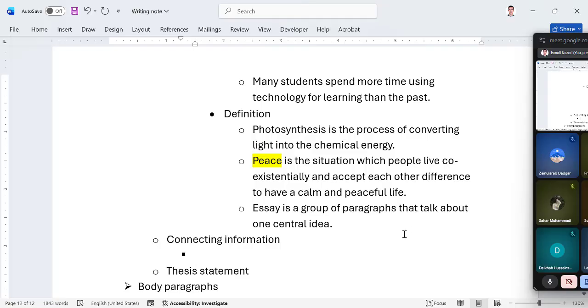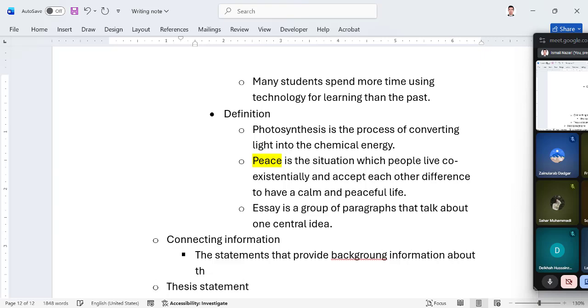First of all, there are many statements or sentences, not only one, that provide background information about the main topic, what the essay will mainly be about.